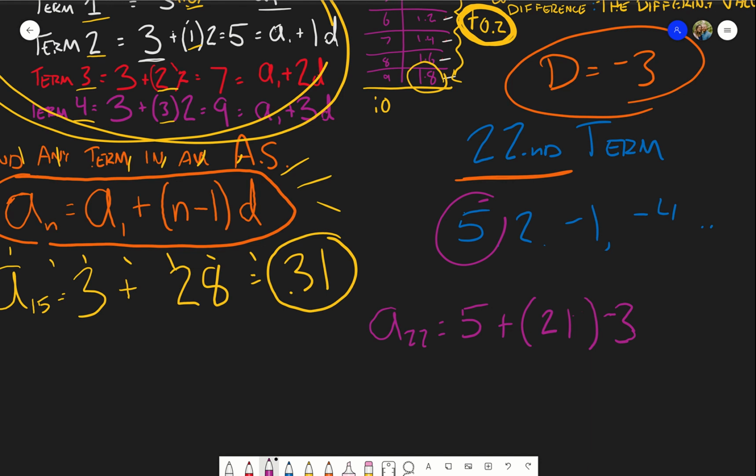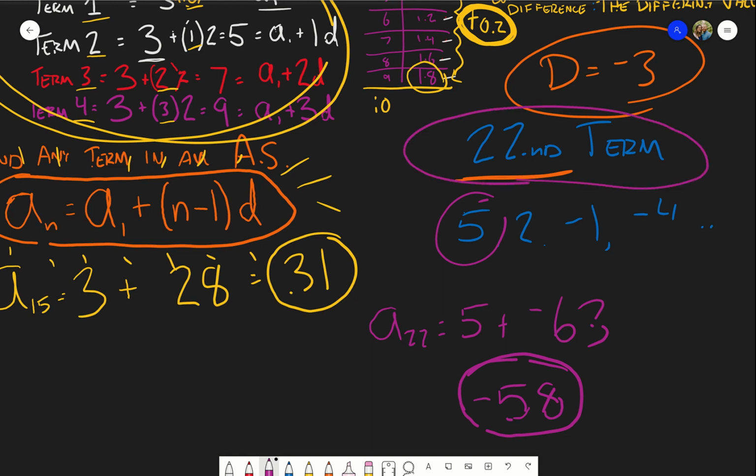It's 21. 21 times -3 is -63. And 5 plus -63 is -58. And there is my answer. -58 is the 22nd term of our arithmetic sequence.